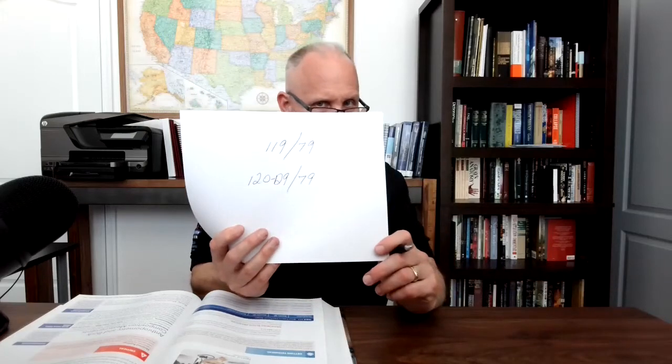Okay, 119/79. At 120/80, you are elevated, and even then, by the way, it's 120 to 129 over less than 80. So technically, again, this is where it can get confusing. Technically, that is elevated.